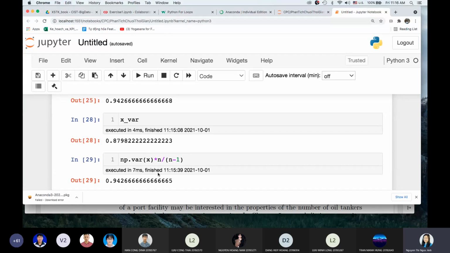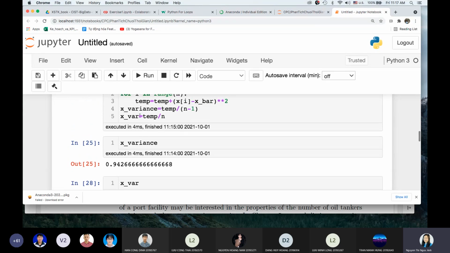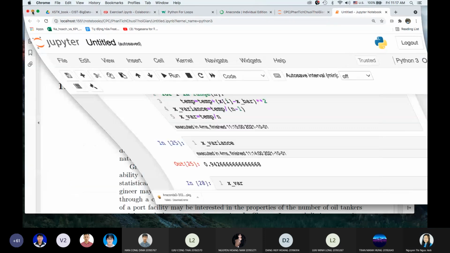And when we use the computer, when n is very large, the two variances are the same. However, with small n, they are different.